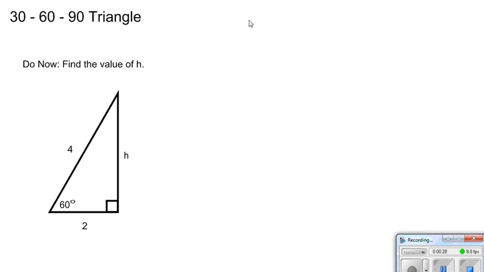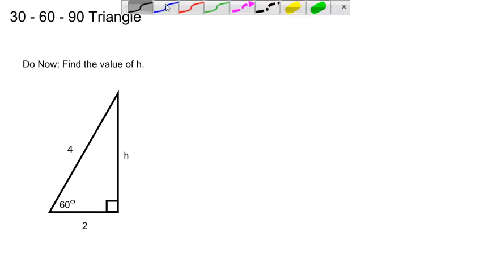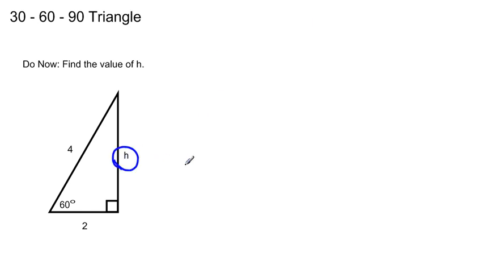Alright, so I'm going to give you a little bit of time, and we'll continue together. Alright, great. So, in order for us to find the value of h, just like what we have done earlier, we can use the Pythagorean theorem.